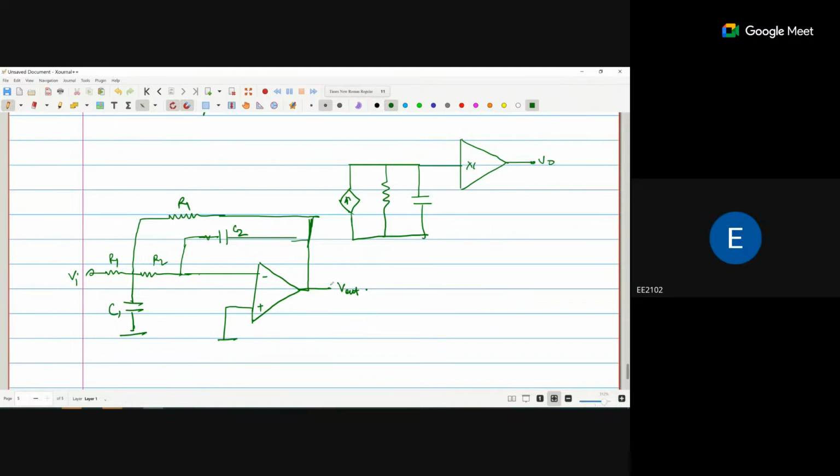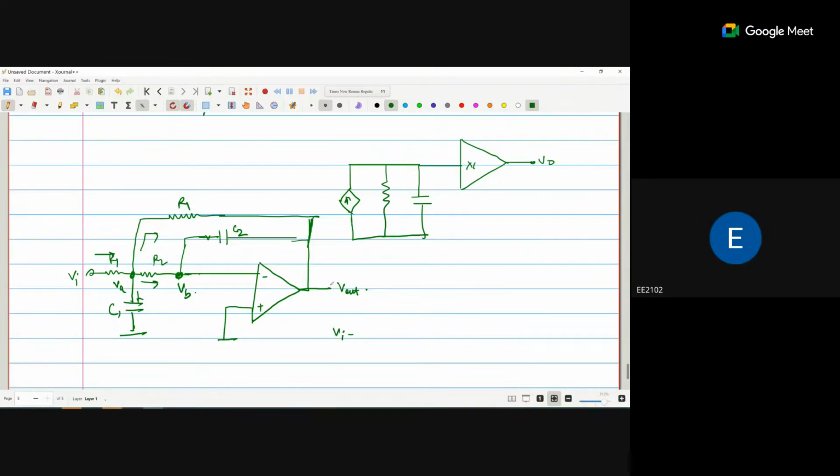So what we do again is apply KCL in that scenario. Please try to find the transfer function. This is VA, this is VB. The current passes in this direction and in this direction.